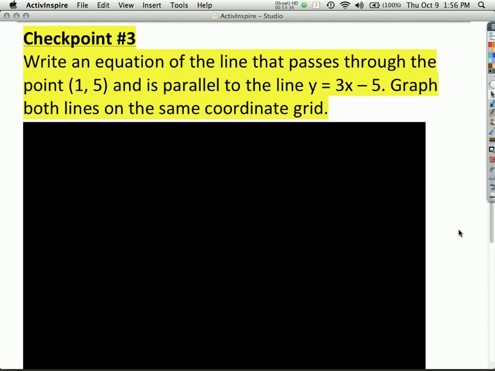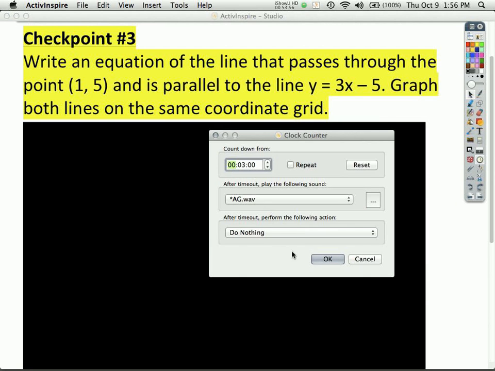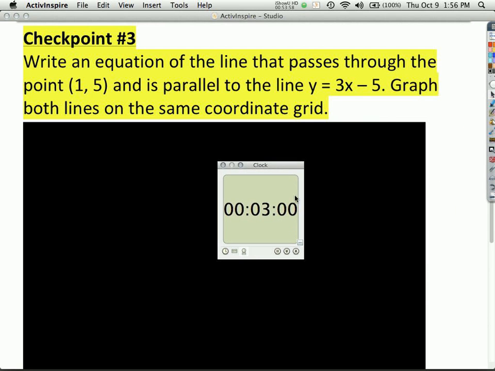What I mean by graph both lines is find me a new line and then graph the new line and the original line both in the same grid. Okay? If you're confused, let me know and I will come help you. Any questions? So now you are finding the equation of a line and graphing. So you've got 3 minutes on the clock. If it ends up not being enough time, I will extend it. That's no problem whatsoever.